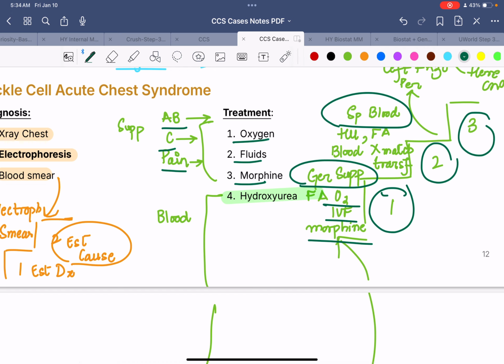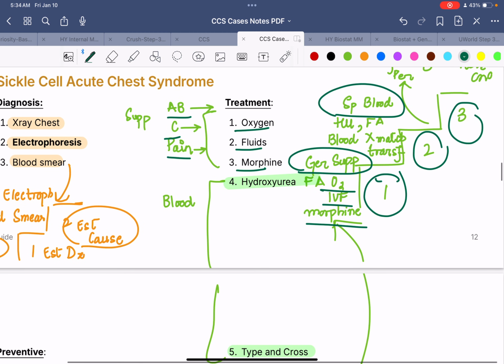Since you know that this is a disease in which there is actually sickling, how can we basically prevent the sickling or dilute the blood such that there is lesser sickling? Since these patients have sickled RBCs and the RBCs hemolyze rapidly, they are rapidly in need of folic acid in order to make new RBCs, and hydroxyurea, which is basically going to increase the hemoglobin F concentration and therefore lead to less sickled RBCs.